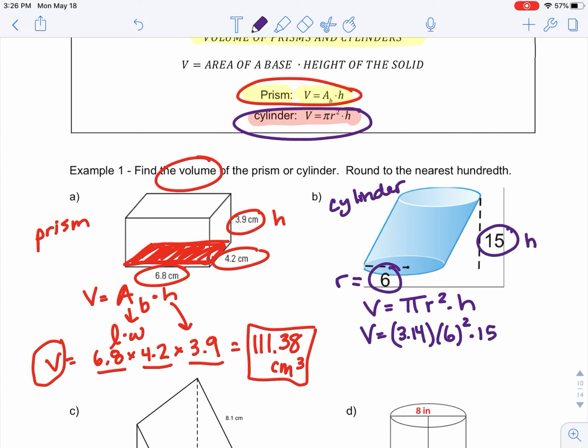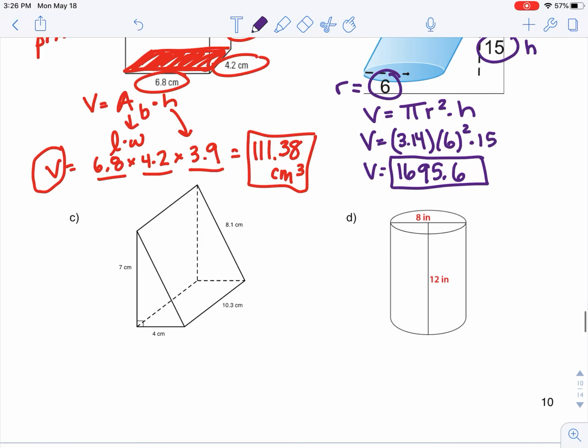Again, these are all going to be calculator problems. 3.14 times 6 squared times 15. And I get 1695.6. This one didn't have units, so I don't have to worry about putting any units on there. That's how you do it, okay?